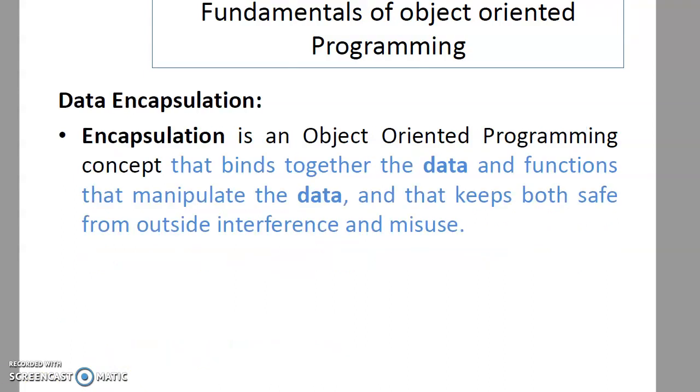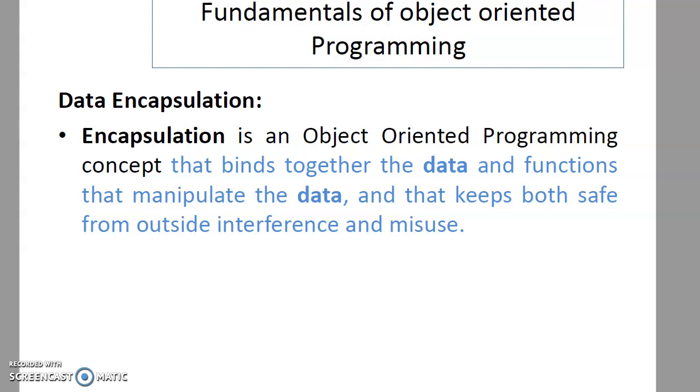The next concept is data encapsulation. What is encapsulation? Encapsulation is an object-oriented programming concept that binds together the data and functions that manipulate the data, and keeps both safe from outside interference and misuse.